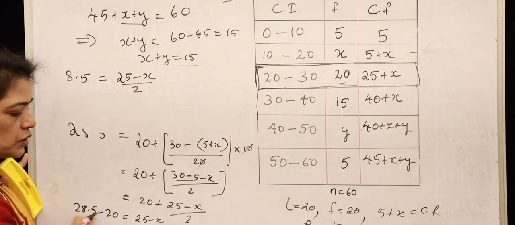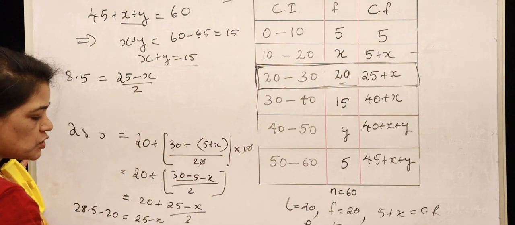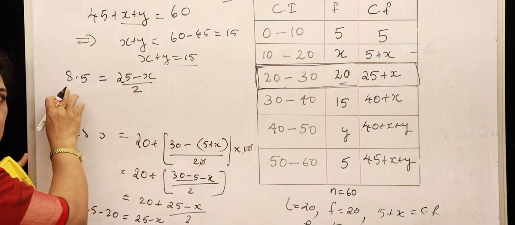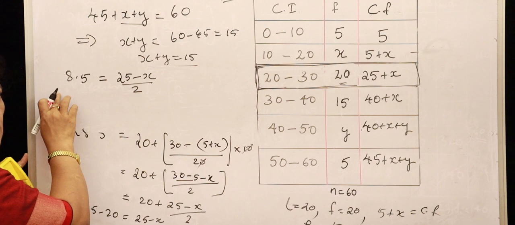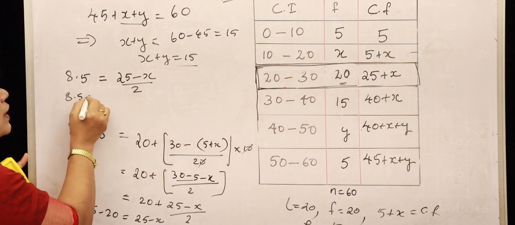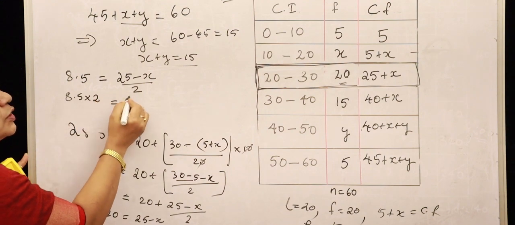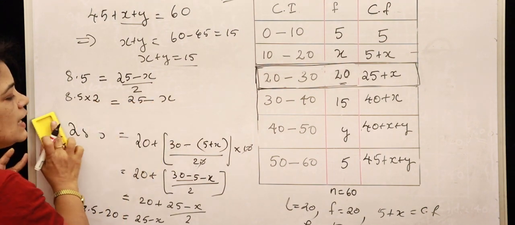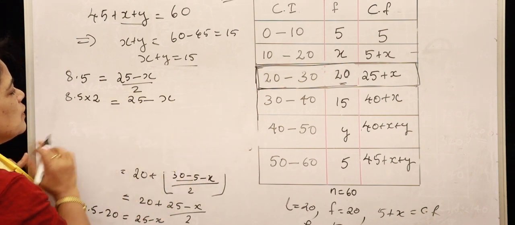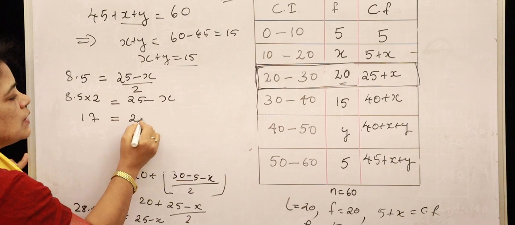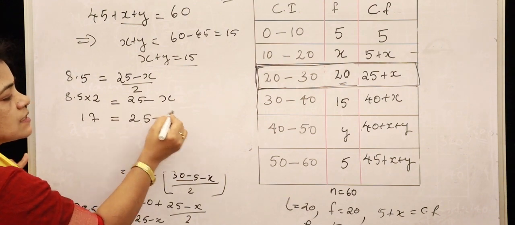I have taken 20 to this side, so the fraction is 25 minus X by 2. This 2 can be taken to LHS, division becomes multiplication. So 8.5 into 2 equals 25 minus X. Okay, and 8.5 into 2 is 17, which is equal to 25 minus X.